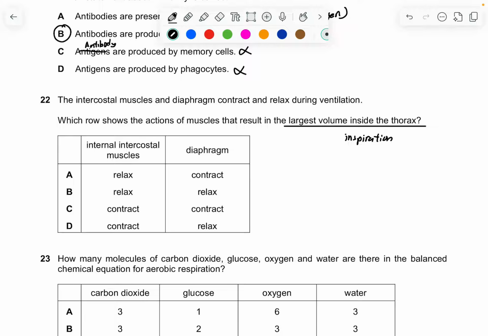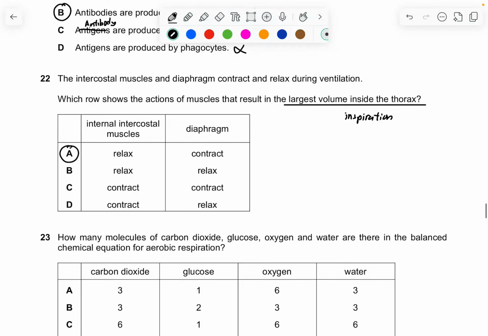The external intercostal muscle will contract, the internal intercostal muscle will relax, and the diaphragm will contract. So the answer is A, because you're letting air from the outside go inside our lungs. That's why that happens only in inspiration.